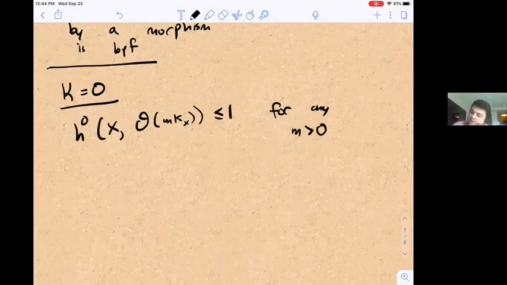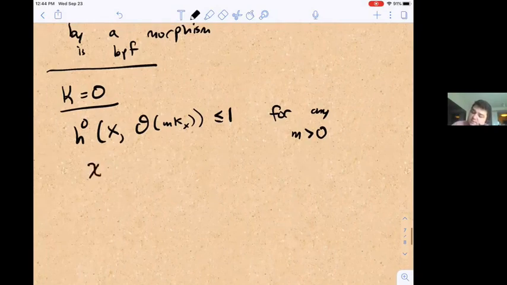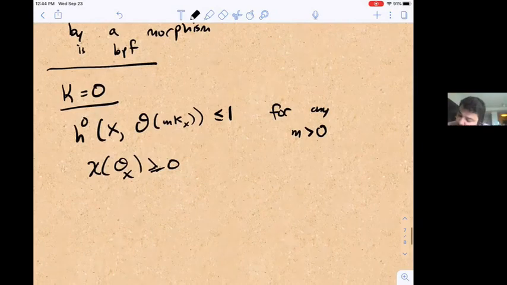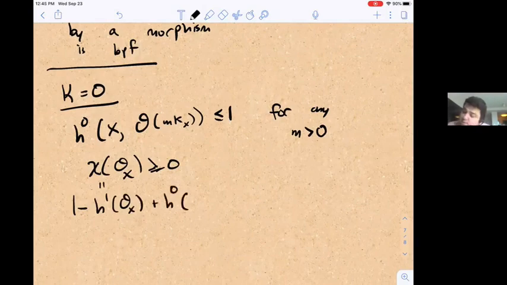In this case, we also know that the Euler characteristic of O is greater than or equal to 0. This was one of the lemmas we proved last time, that if you have a surface with nef canonical bundle of Kodaira dimension less than or equal to 0, then the Euler characteristic of O is at least 0. And this tells us, this is 1 minus H1 of O plus, by duality, H0 of O_X of K_X.